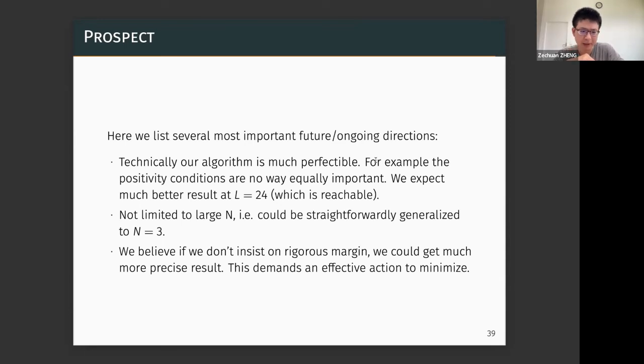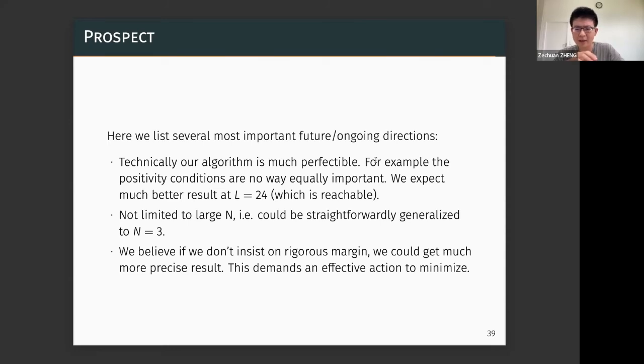And the third one: unlike Monte Carlo, which has finite volume uncertainty or statistical uncertainty, all our bounds are rigorous. But if we don't insist on such rigorous margins, we expect that we should get more precise results.